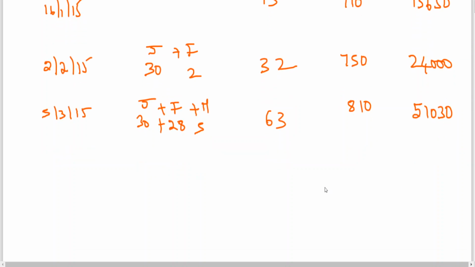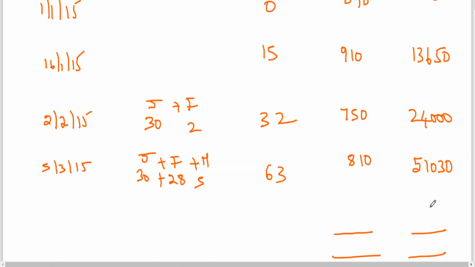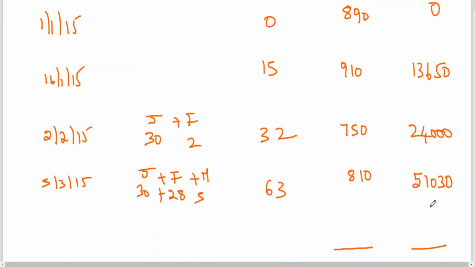Now you can go for totaling of the amount and product. If you total the amounts, it is 890, 910, 750, 810, coming to 3,360.